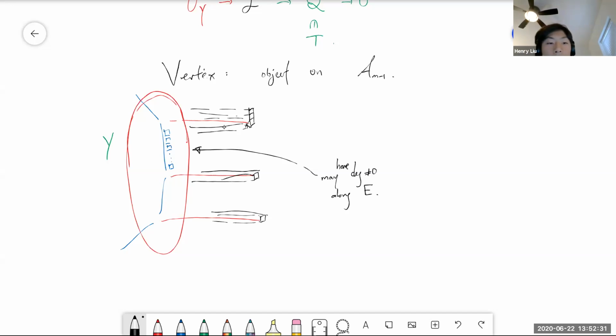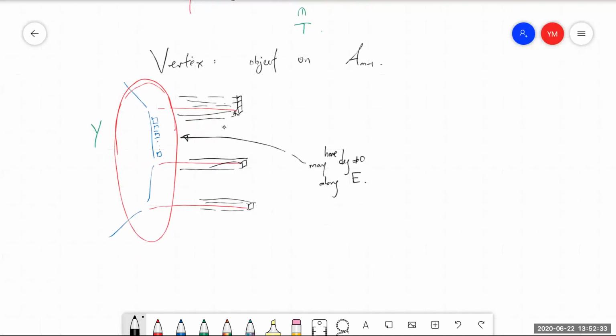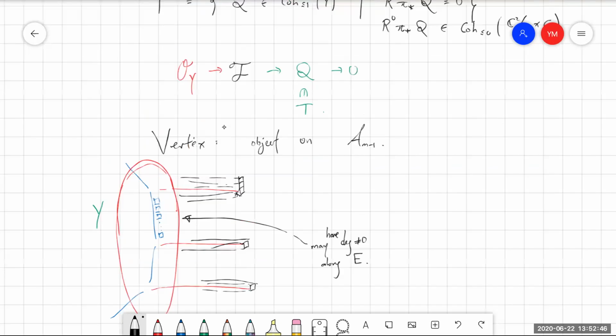Okay. And is there some kind of heuristic reason why these conditions on Q are the right things to think about? Well, not right is maybe the wrong word. But.